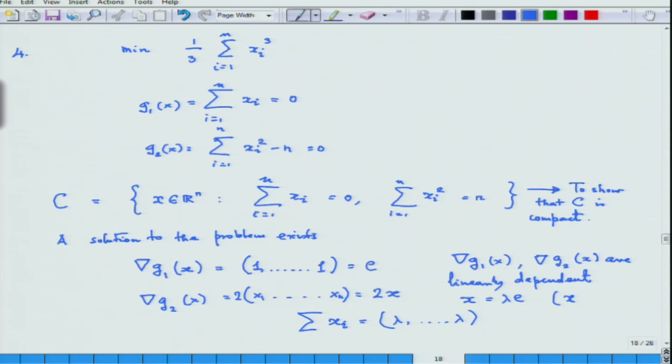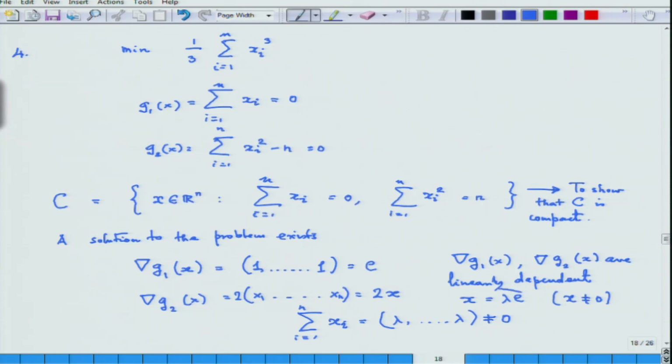So this lambda cannot be 0, and E is not a 0 vector, so this would not equal 0. So if x is equal to lambda E, I am putting lambda in place of the xi's, lambda, lambda, lambda, which violates the constraint.